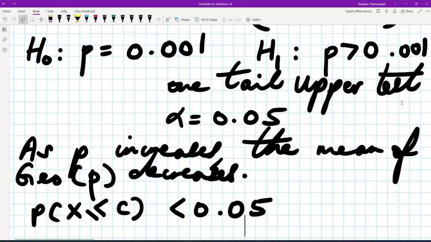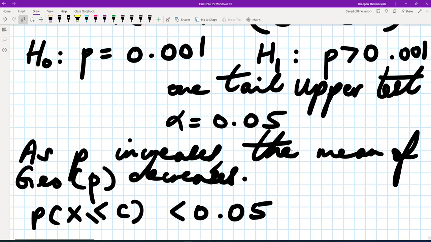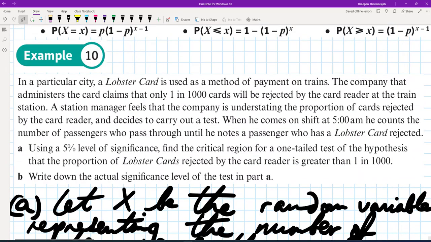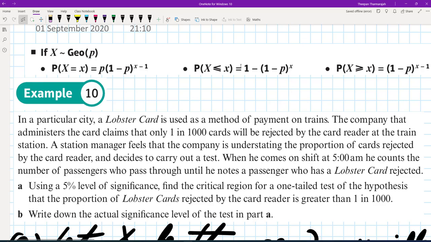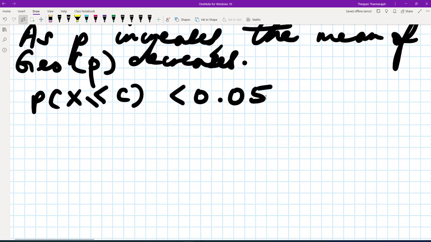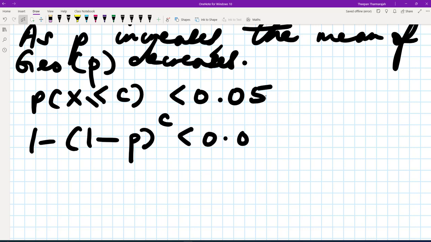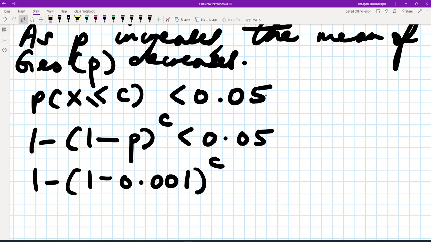So now that we've got that, we can use our formulas. If it's less than, it's 1 minus (1 minus p) to the power of x. So in our case, 1 minus (1 minus 0.001) raised to the power of c is strictly less than 0.05.